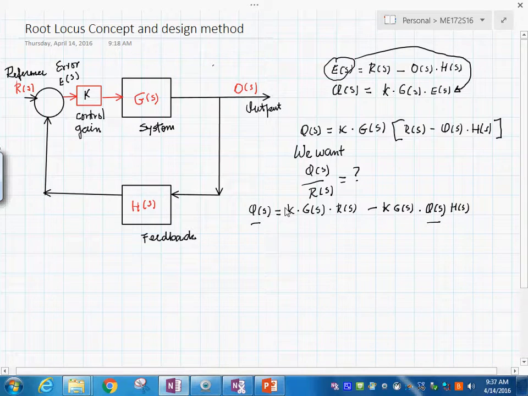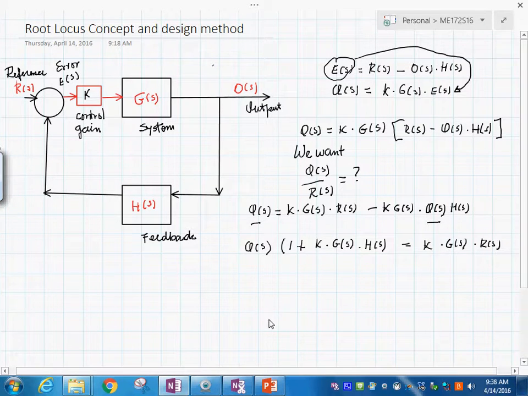So move this one to the other side, and you're gonna have that the output of S multiplied by 1 plus K times G of S times H of S is equal to K times G of S times R of S. See? Okay.